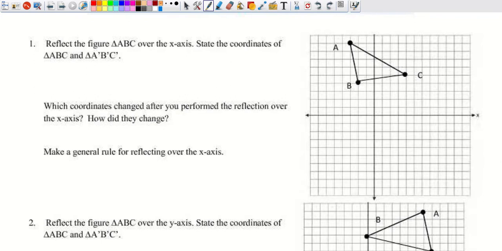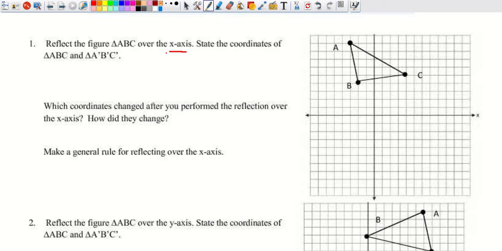There are two ways to do a reflection. You either know the rule, how it affects the vertices, or you just know how to reflect something over a line. For our purposes, we're only going to be reflecting over vertical or horizontal lines. The first one I'm going to do is a reflection in the x-axis.